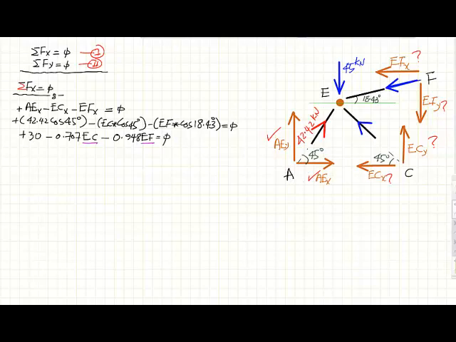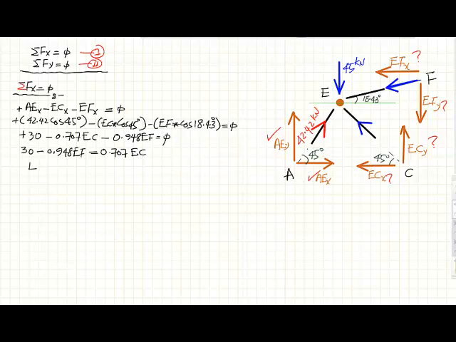I'm going to isolate the EC. So I'll bring this EC to this side, so it will become 30 minus 0.948 EF is equal to 0.707 EC.